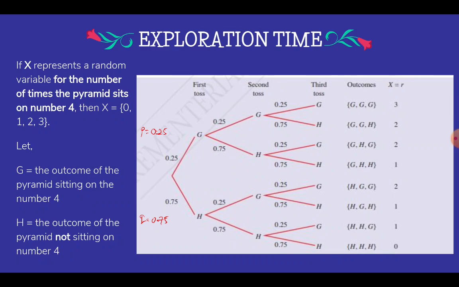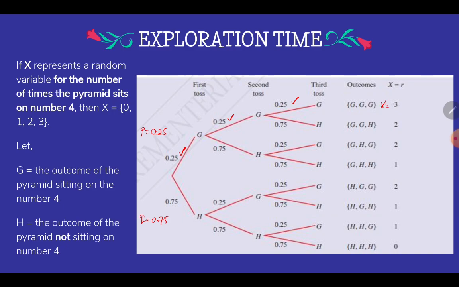So on the first toss, if we get G, or number 4, the probability is 0.25. How about the second toss? You can see here that in all of the tosses, the probability of getting G and H is the same.